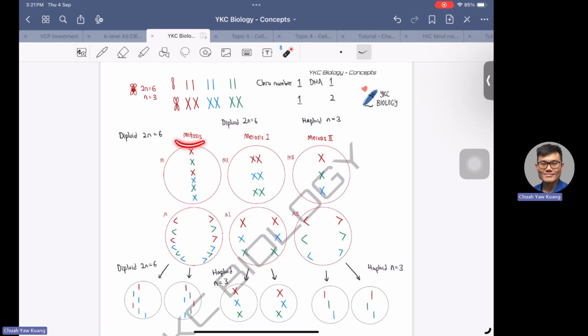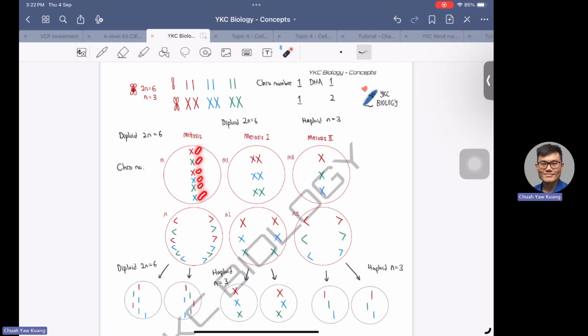Now we look at mitosis. In mitosis, during the metaphase, for this cell, you can see that the chromosome number is 1, 2, 3, 4, 5, 6.